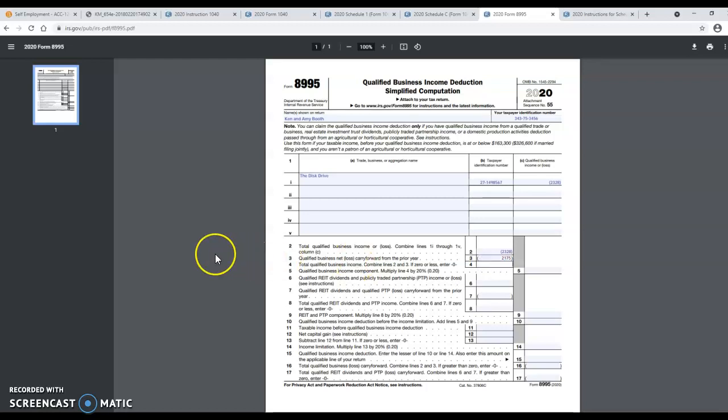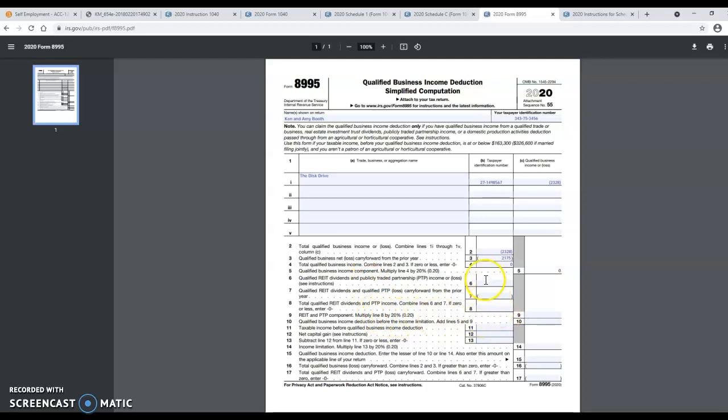Okay, so we have negative 2328 and negative 2175. So that's going to be extra negative, and so that's below 0. And so we put a 0 there. Line 5, multiply line 4 by 20%. So 0 times 20% is 0.